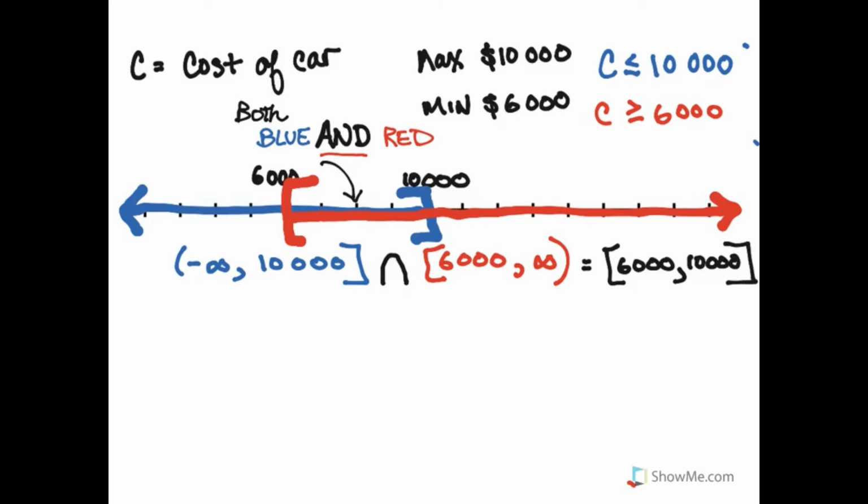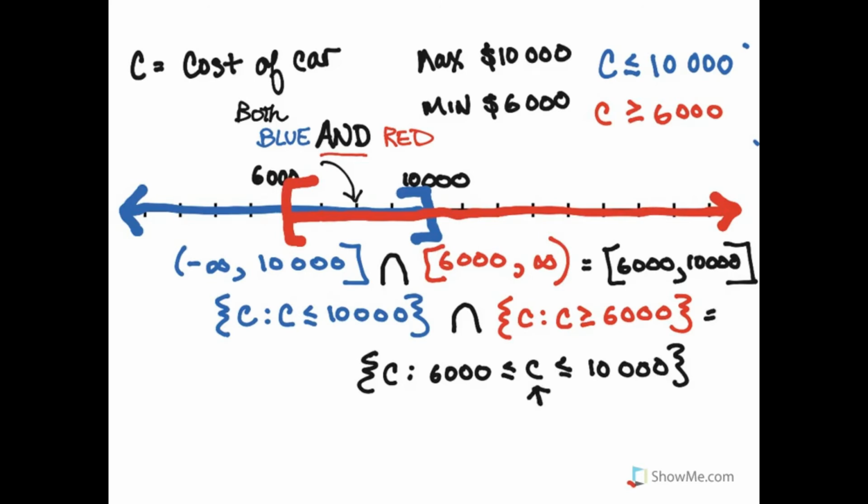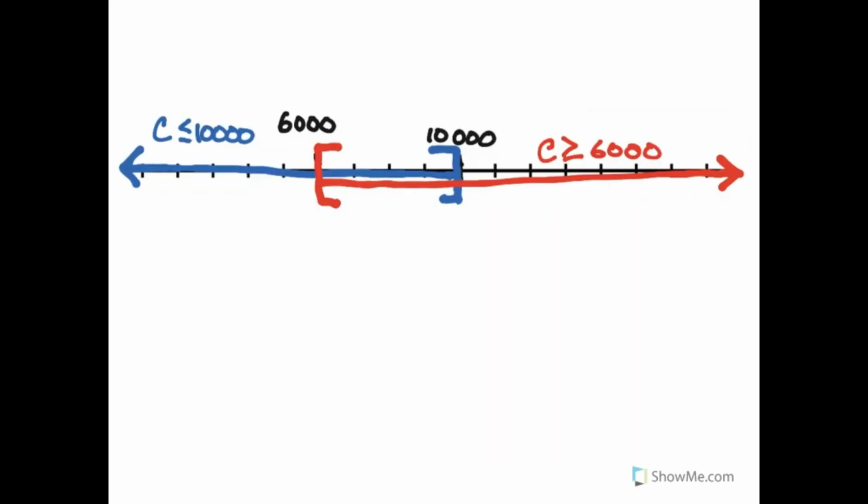In set notation, we also connect the two sets with the intersection symbol, and the set that is the result can be written with that between notation where the cost of the car is between 6,000 and 10,000 inclusive.